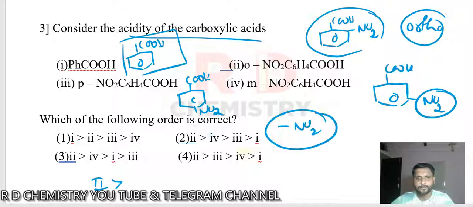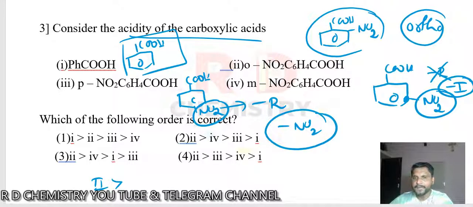Then we have para-nitro and meta-nitro. Correct? They are electron withdrawing groups. When the nitro group is at the para position, it exerts a minus R effect. Whereas if the nitro is at the meta position, it cannot have the minus R effect, but instead it will have the minus I inductive effect. Comparing minus R and minus I, which is more operative? Minus R is more operative.